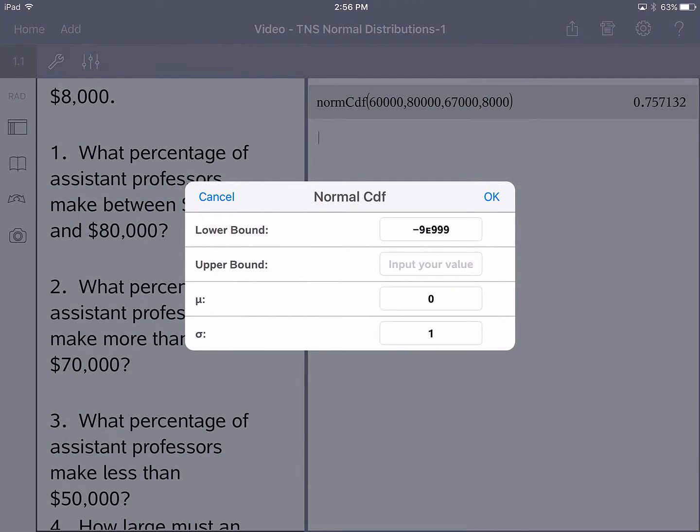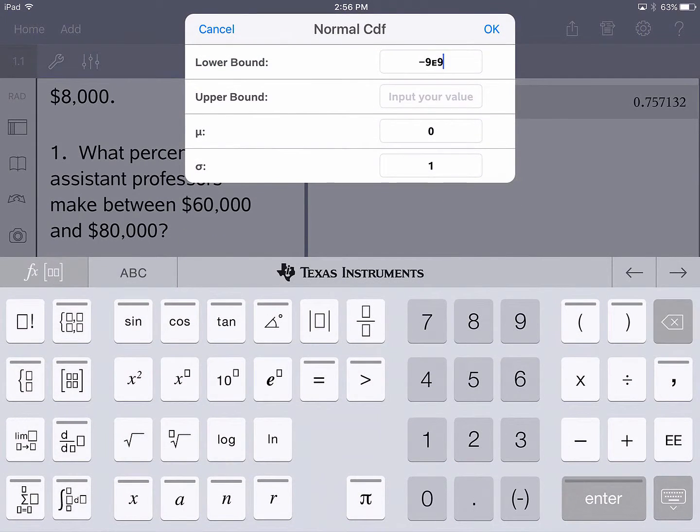So more than 70,000 is 70,000 for the lower limit, and then there is no upper bound. I mean, technically the upper bound is infinity, although there's probably a practical upper bound of 200,000, 300,000. You're unlikely to ever see an assistant professor make that, but that's a sort of theoretical upper bound. But technically infinity is the upper bound.